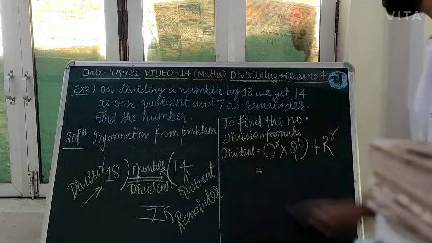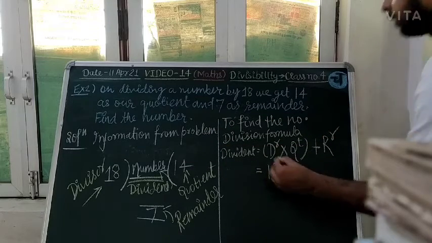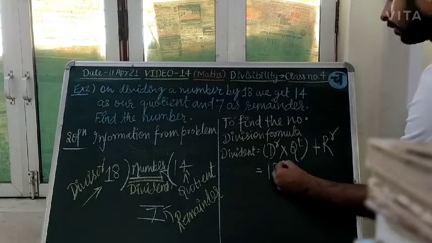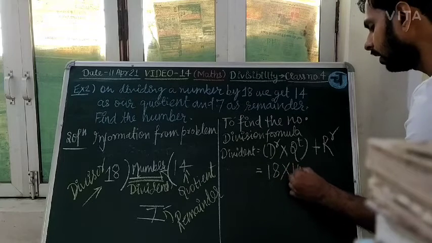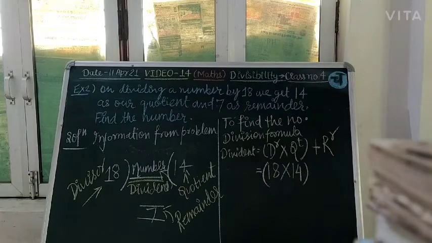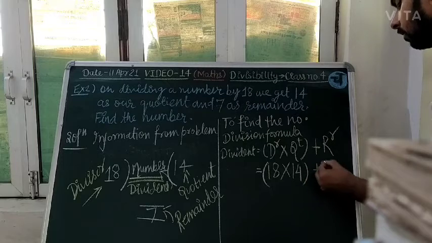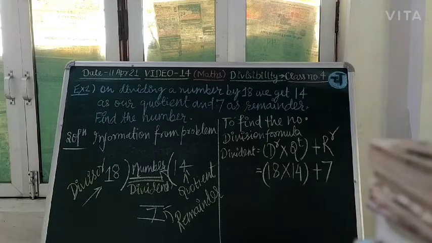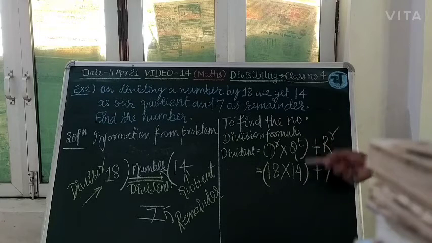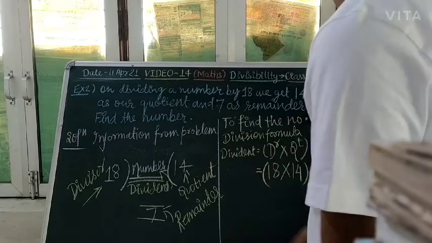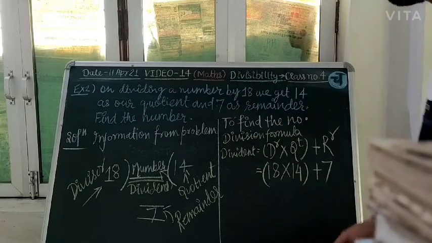So our divisor is 18, quotient is our 14, and remainder is our 7. So we will put the numerical values in the place of the formula. The numerical values are given in the problem.